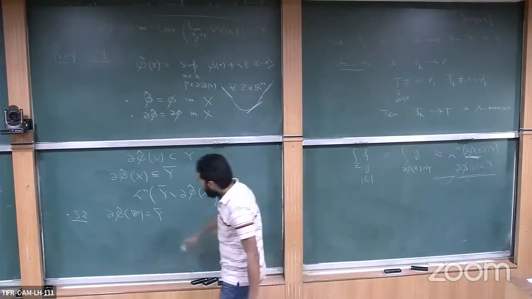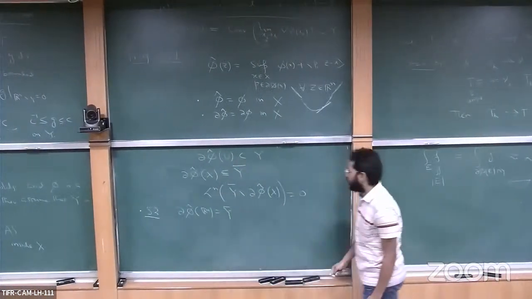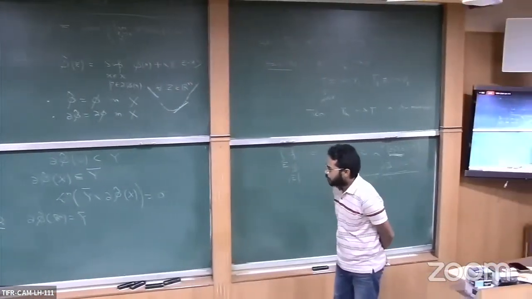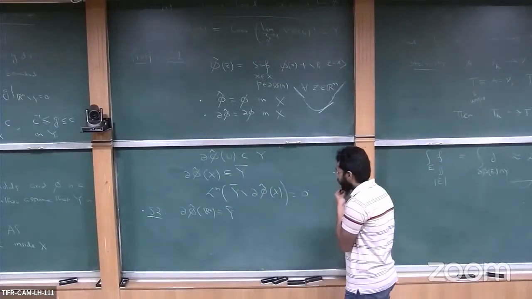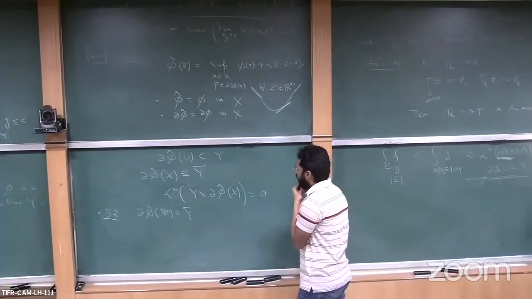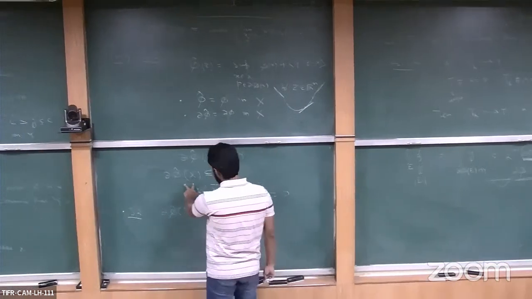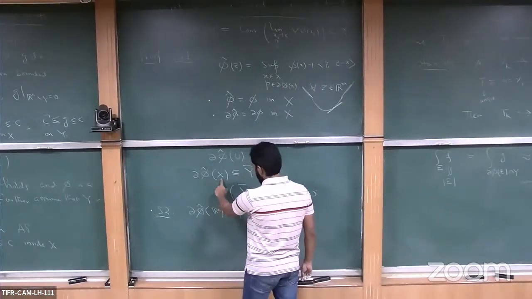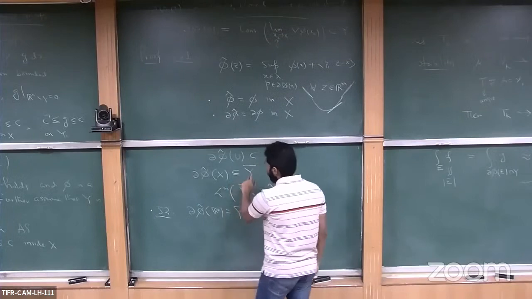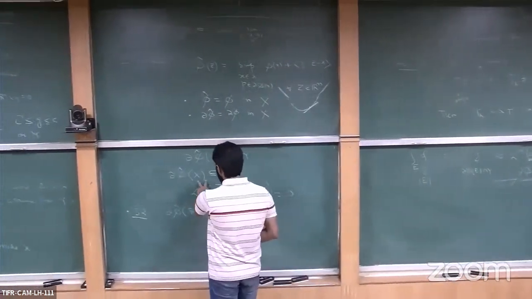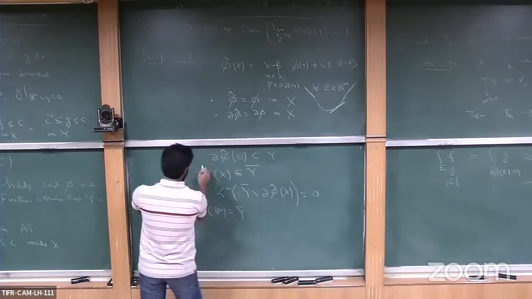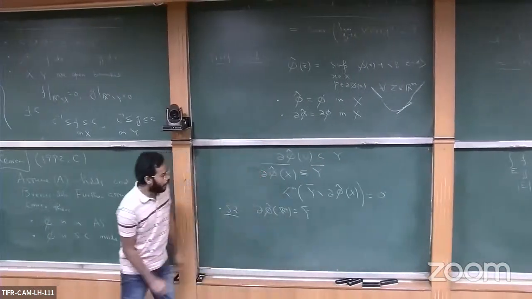All right. Okay, so let us try to compute this. Let us try to find out what happens outside R. All right. So from here, you see, the subdifferential of phi hat of x is contained in y bar. Okay. Now, I'm going to take a closure. The closure is also inside y bar.